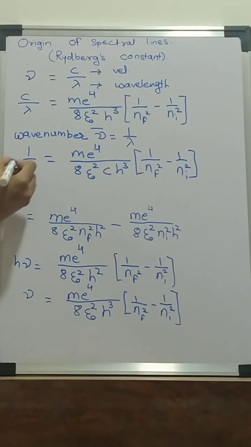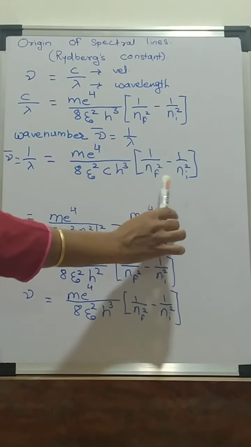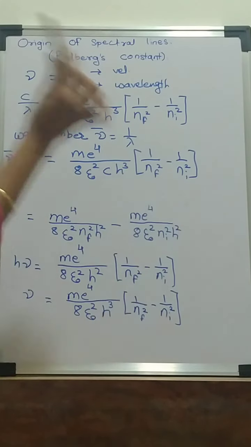This is nothing but the wave number. So with the help of this equation, we can find the wave number for a series where it jumps from ni orbit to nf orbit.